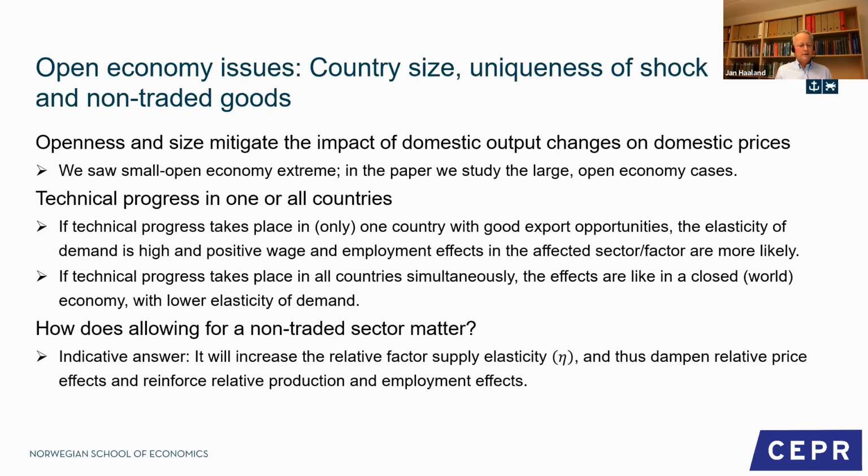And finally, we also add some indicative analysis of adding a non-traded sector. And interestingly, that works more or less as increasing the factor supply elasticity. So it dampens the relative price and wage effects and reinforces the relative production and employment effect of factor augmentation.